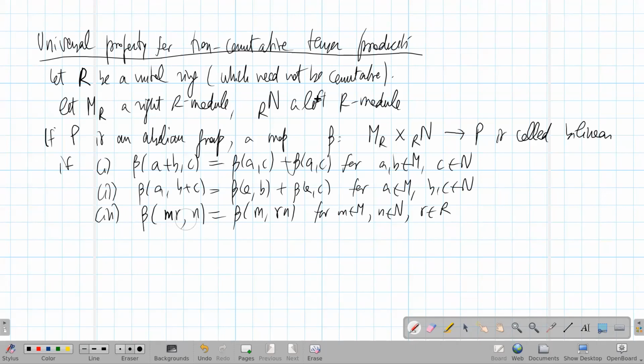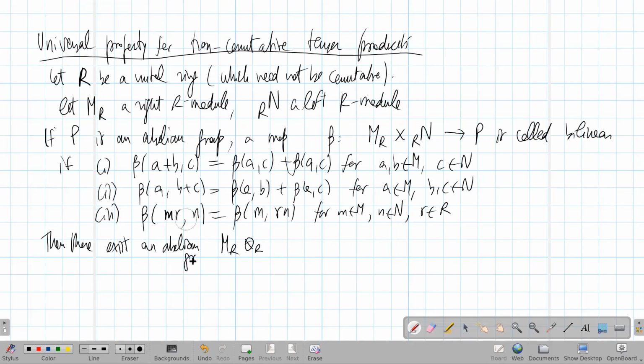Then there exists an abelian group. This is important. This is different from the case of vector spaces because the tensor product which I'm going to introduce is just an abelian group.